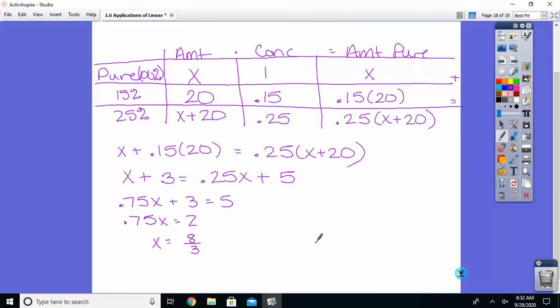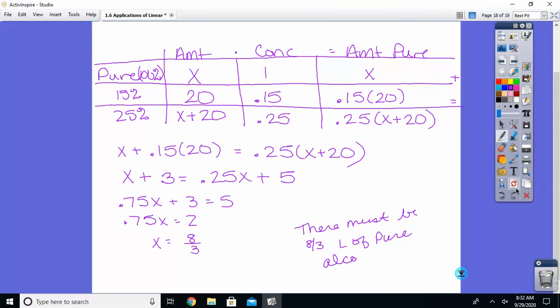So the question was, how much of the pure do we need? So there must be... I don't even remember what the problem was. What were we mixing?